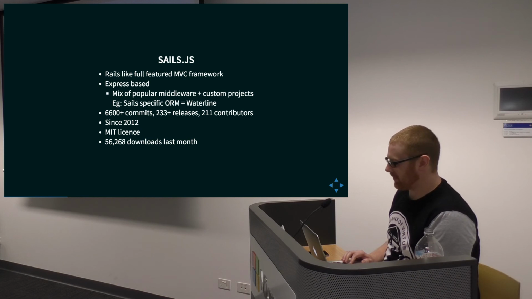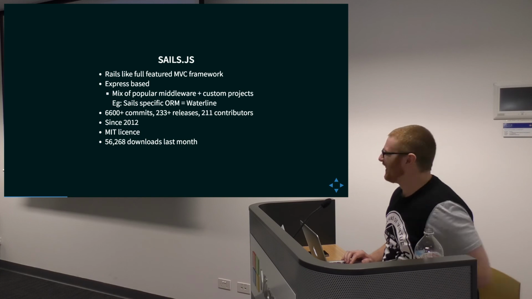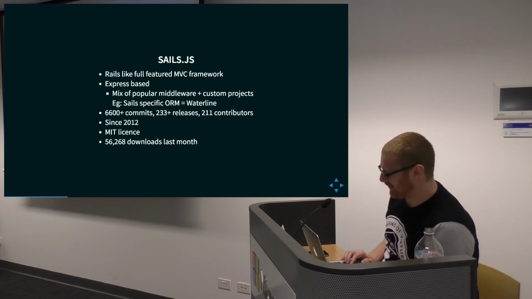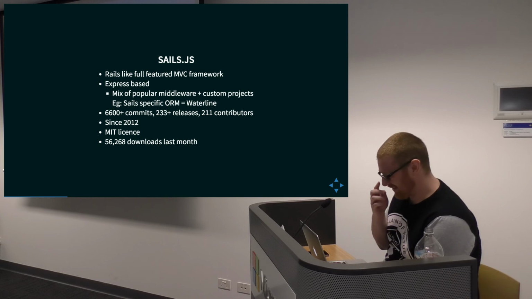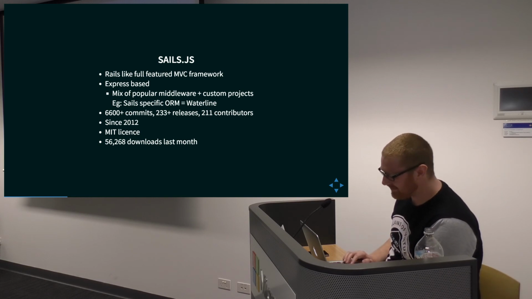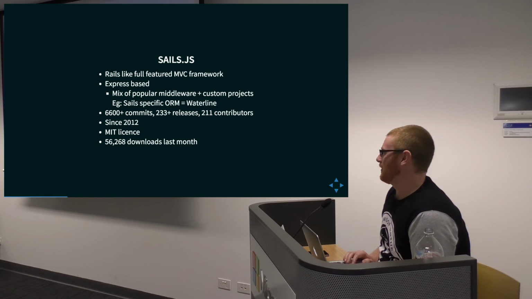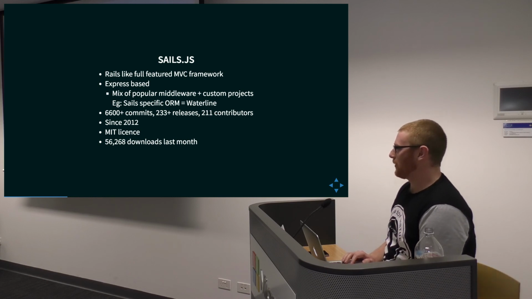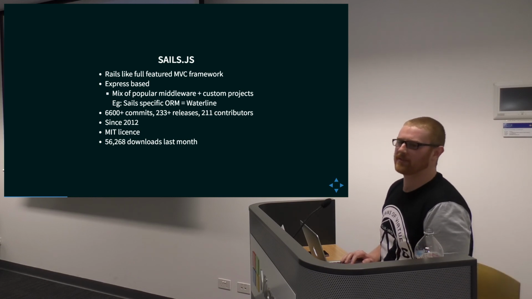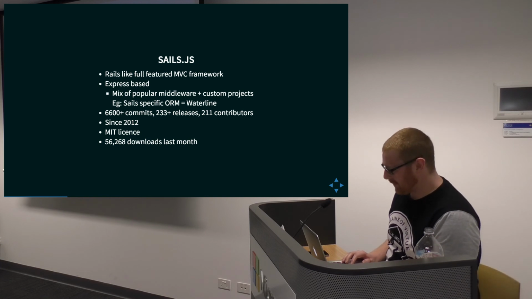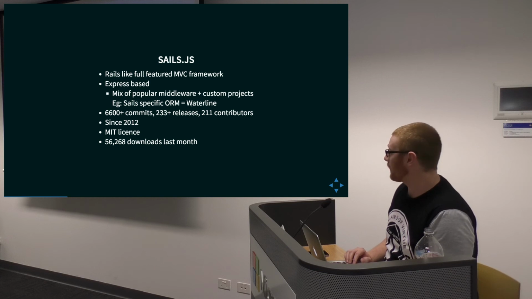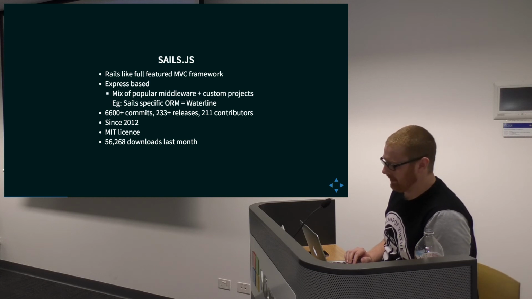Sails.js is a full-featured MVC framework, similar to that of the likes of Rails. It's Express-based, so if you know Node, you know that Express is pretty ubiquitous when it comes to Node apps. It's made up of middleware that's popular with Express, plus specific code from the Sails team, such as their ORM.